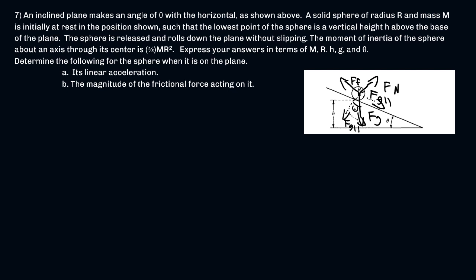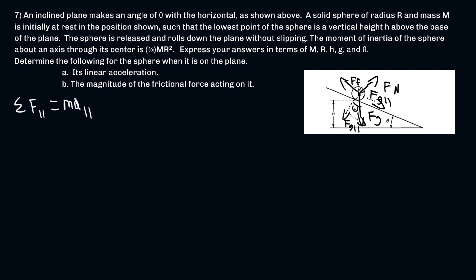So let's first create the sum of forces to find our linear acceleration. And since it is rotating, we'll also have to bring in the sum of all torques. All right, so with linear acceleration, we have the sum of all forces parallel along the plane, which is mass times acceleration parallel.